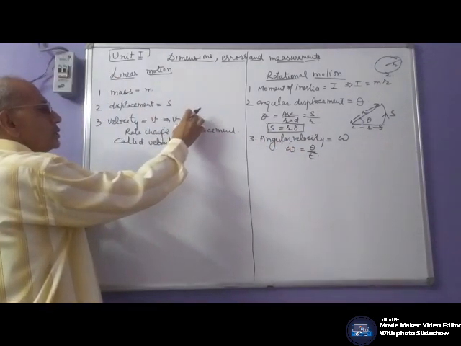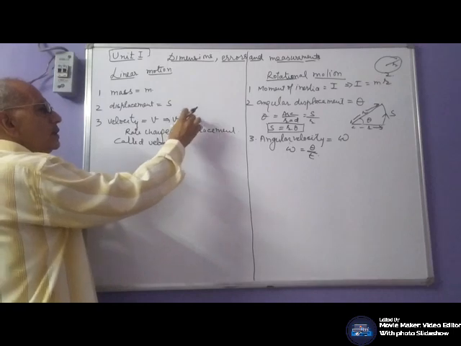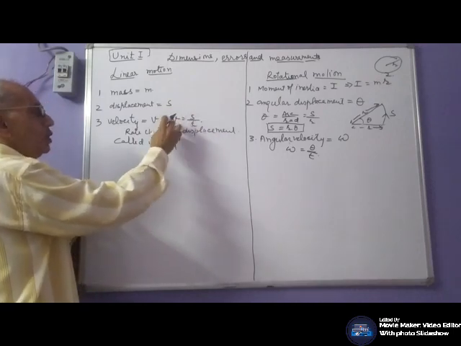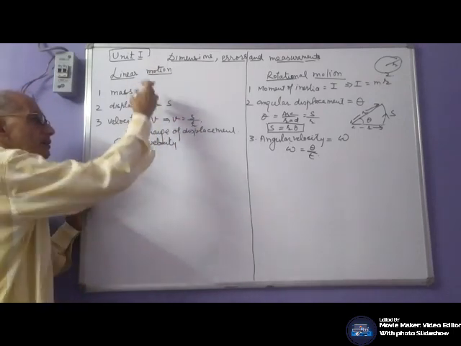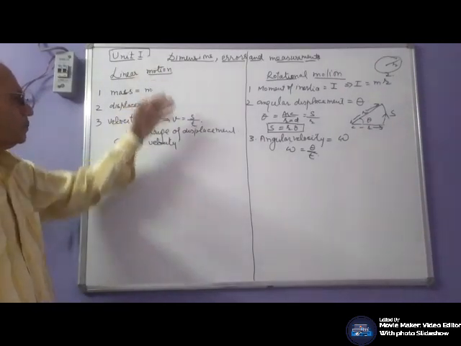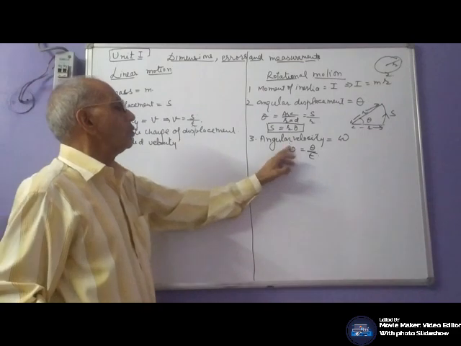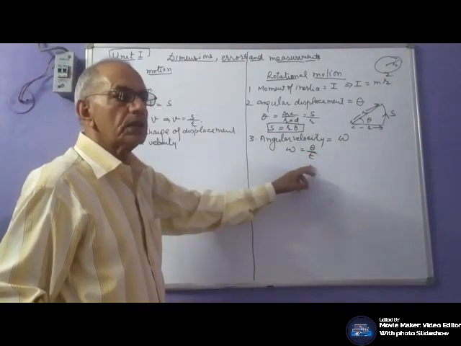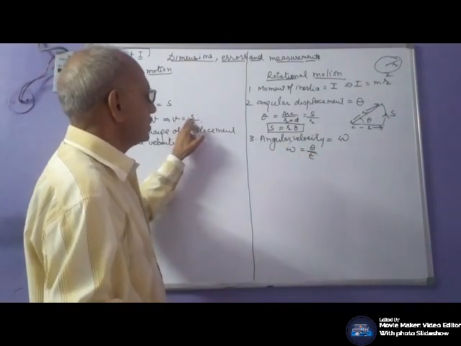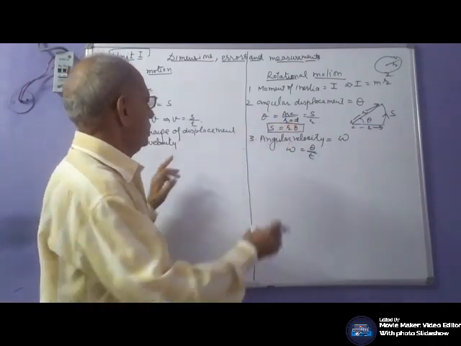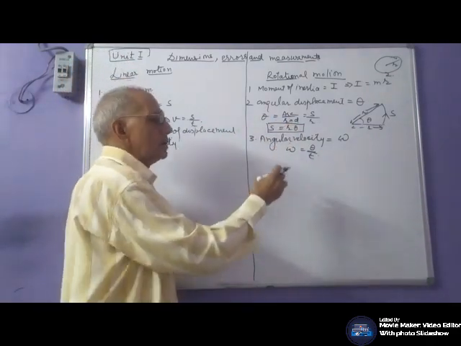Rate of change of displacement, with time below. We know these things, we have read them up to matric, that V is S by T. So omega, angular velocity, is theta by T.